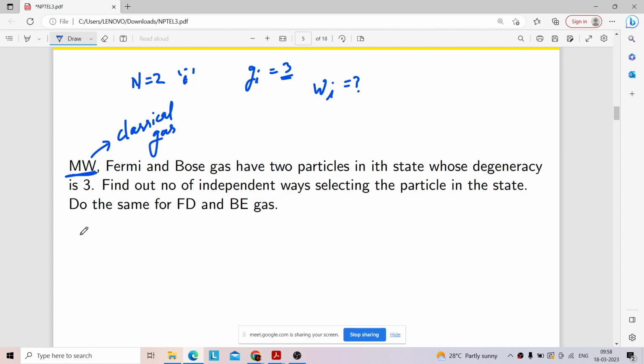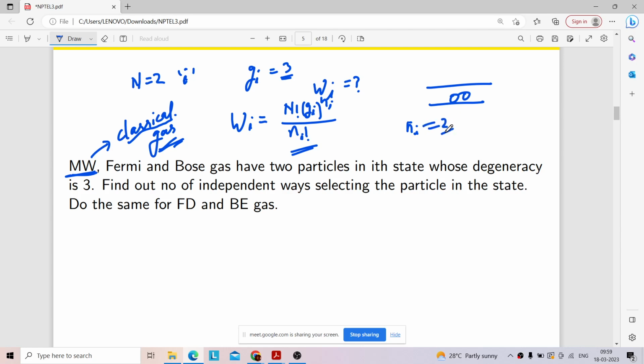So for classical gas, we have the distribution Wi equal to n factorial times Ci to the power ni over ni factorial. For classical gas, it's like Bose gas, so we can put any number of particles in each state.